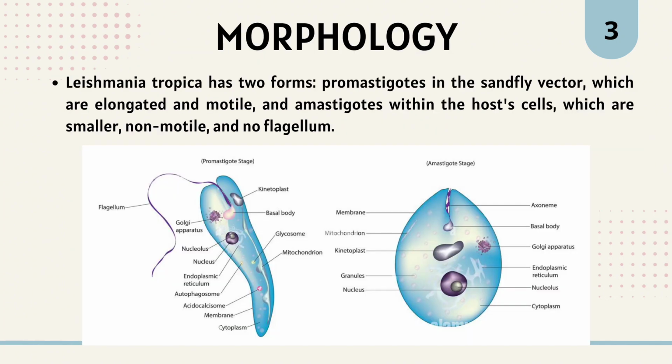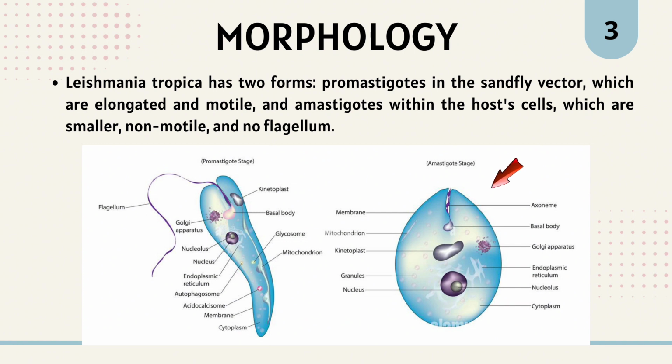Next, we have morphology. Leishmania tropica has two forms: promastigotes in the sandfly vector, which are elongated and motile, and the amastigotes within the host cells, which are smaller, non-motile, and have no flagellum. In other words, promastigotes are long, slender, and spindle-shaped, and have a single nucleus that is centrally located, and also a kinetoplast located transversally near the anterior end.